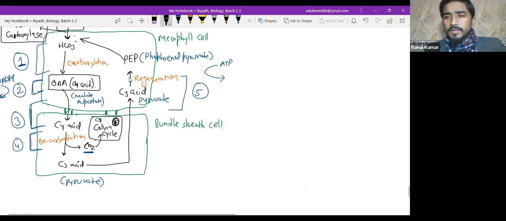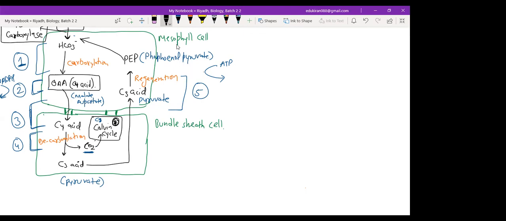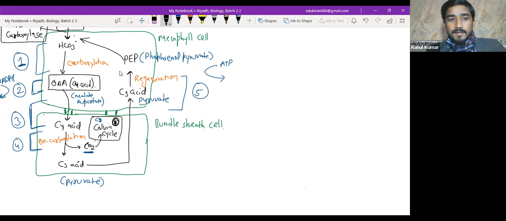So this is just a general thing I forgot to tell you yesterday. There are 2 different kinds of photosynthetic cell in a C4 plant, correct? Mesophyll and bundle sheath cells. This I told you yesterday. Out of which the mesophyll cell does not have rubisco, right?